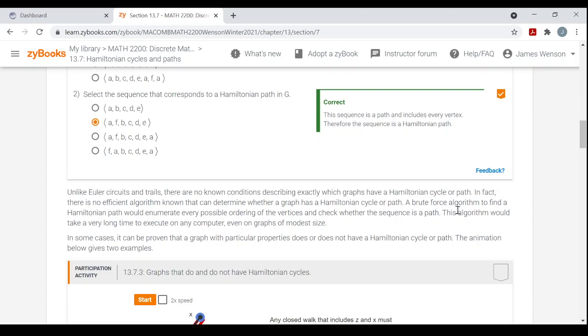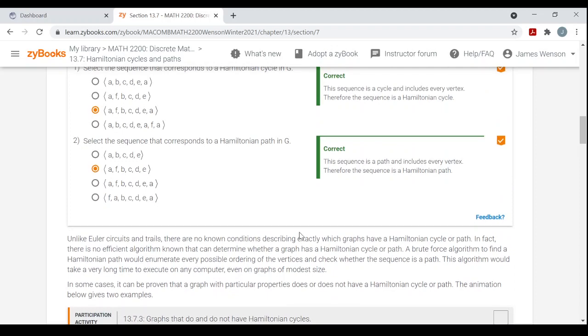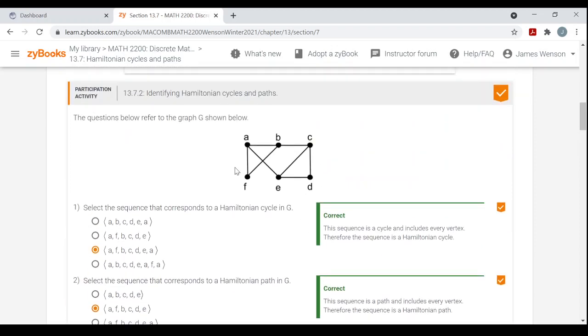A brute force algorithm could be used to find a Hamiltonian path, but that would enumerate every possible ordering of the vertices, going through each ordering and seeing if it is a path. This algorithm would take a very long time to execute on a computer, even on graphs of modest size. Like this graph here.